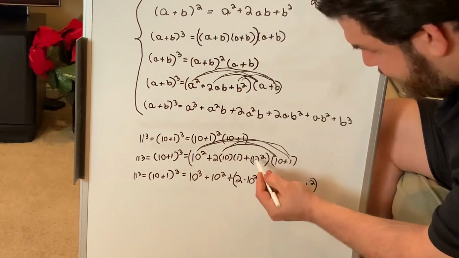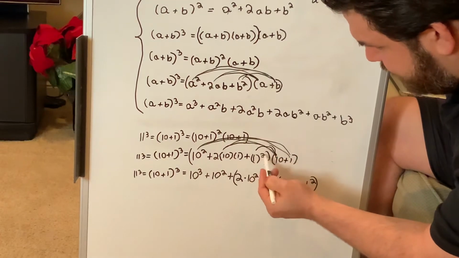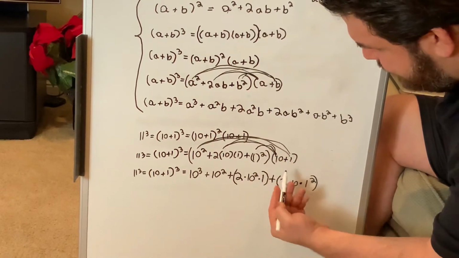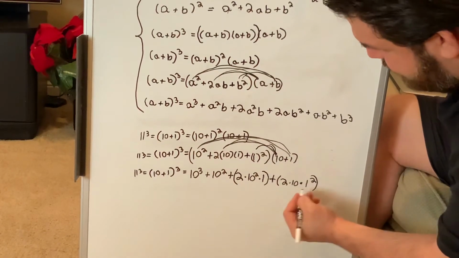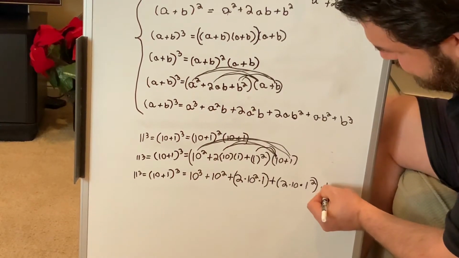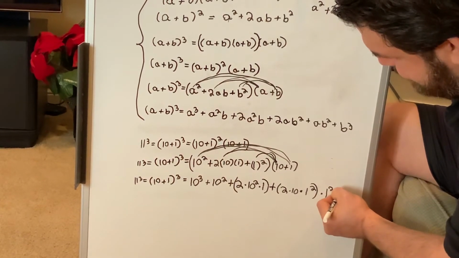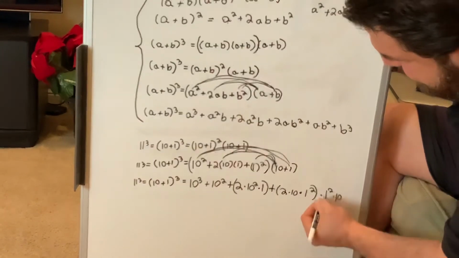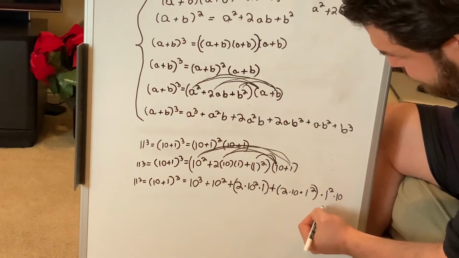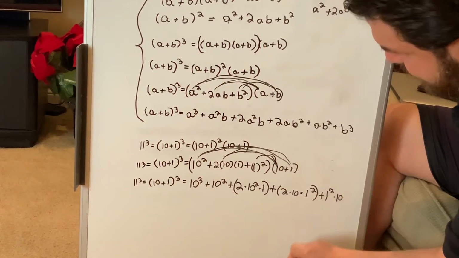And finally, we have 1 squared times 10. So this is where we are here. Well, 1 squared times 10 is just 1 squared times 10. That's like a term, and that needs to be added here.